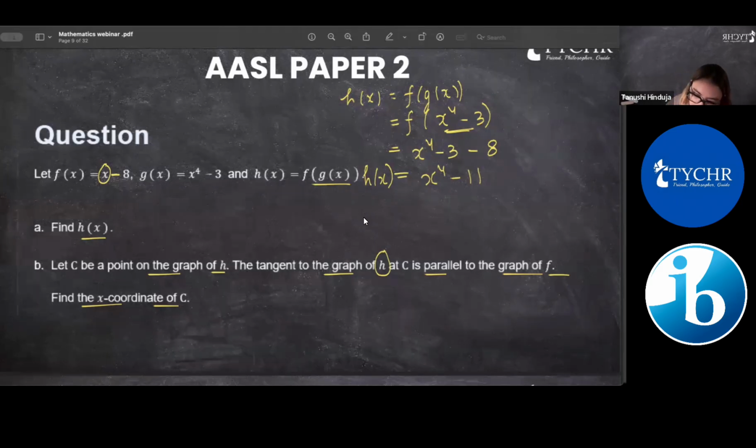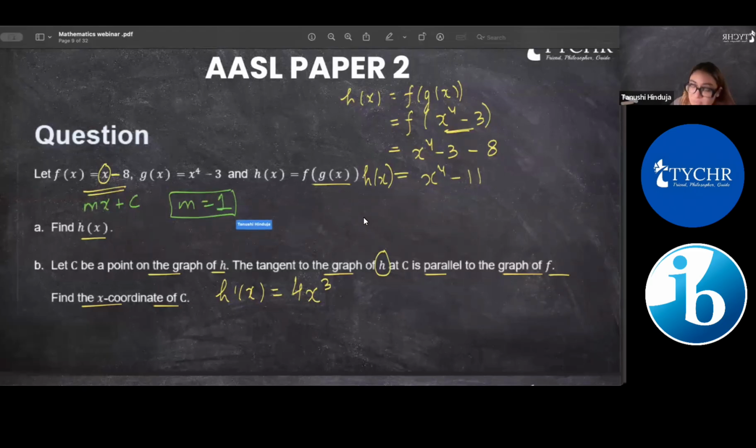So I'll have to find the h dash of x, which will come out to be 4x to the power of 3. And they're saying that it's parallel to the graph of f. That means the slope should be the same as that of f. Now f is a line x minus 8. The slope of this line, if I compare it with mx plus c, is just 1.